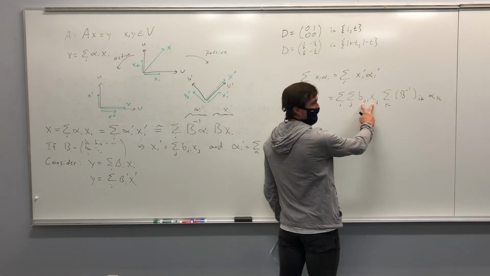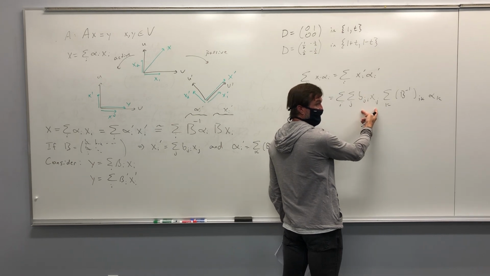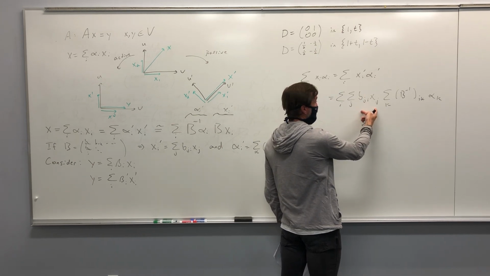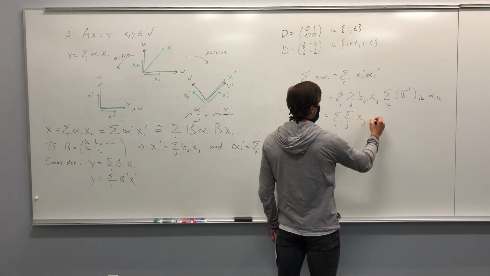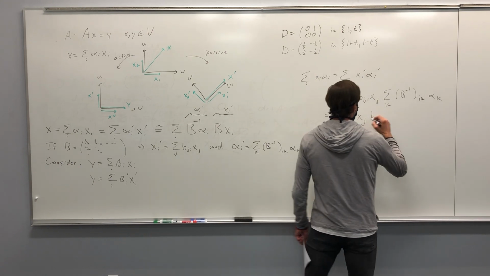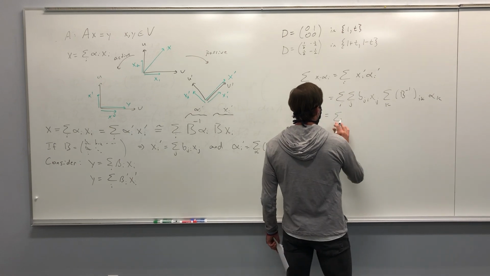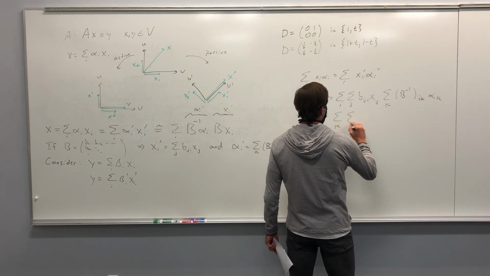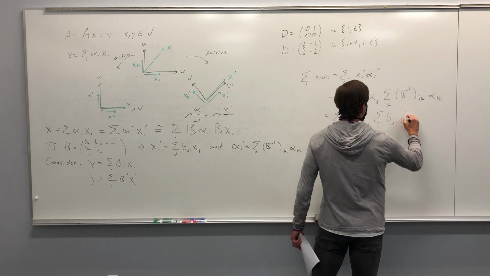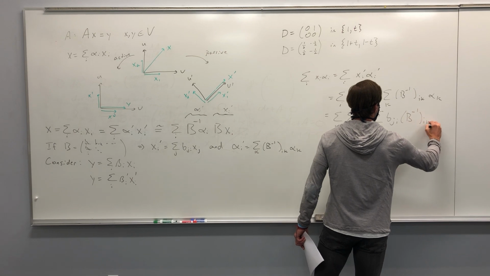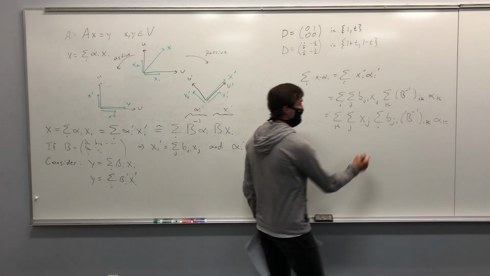now, if you want to understand this as matrix multiplication, you would reverse the order of these two things. So if I reverse the order of those two things, what is this?